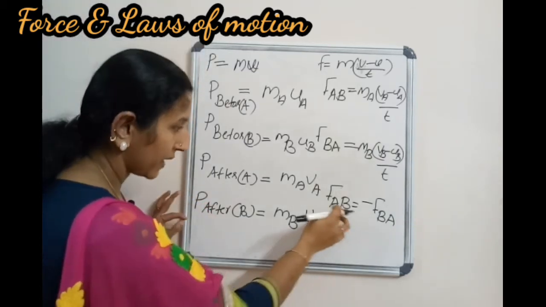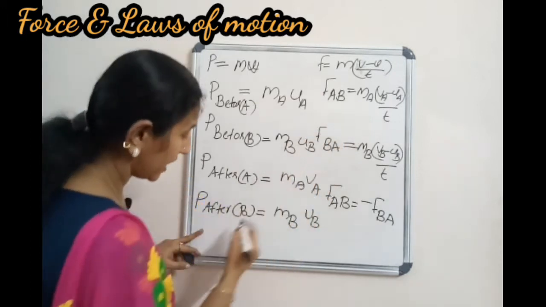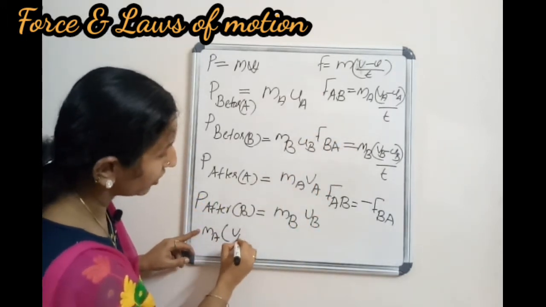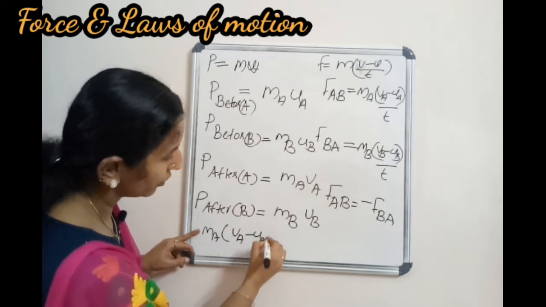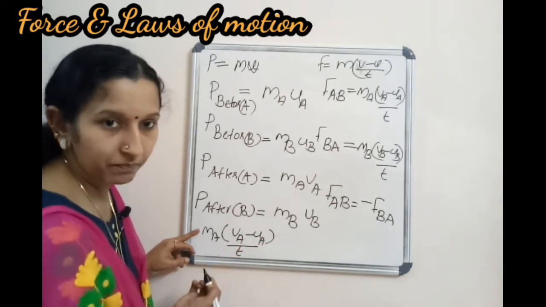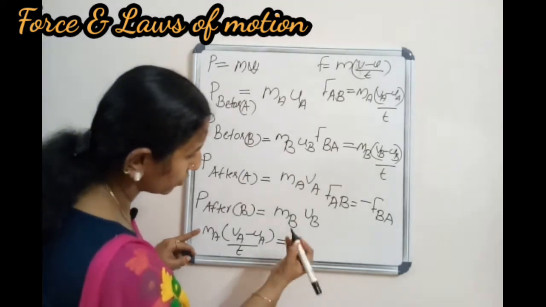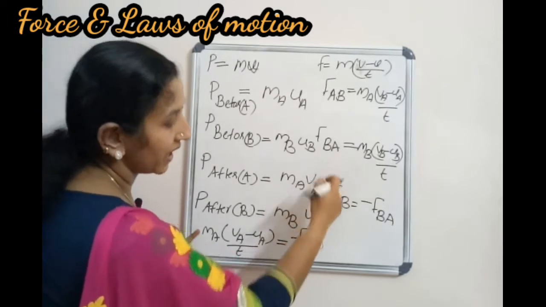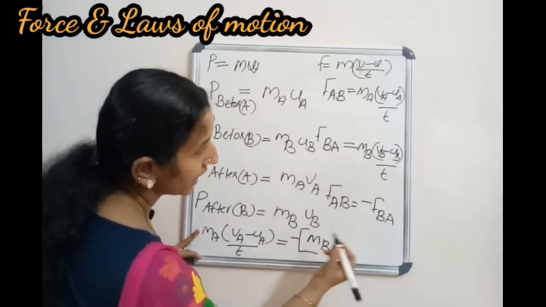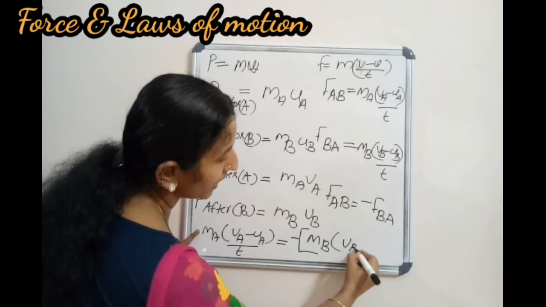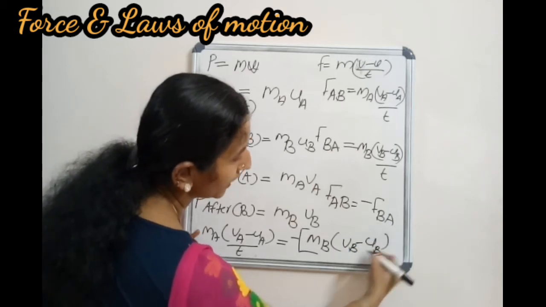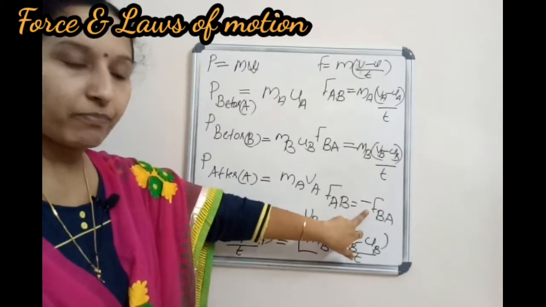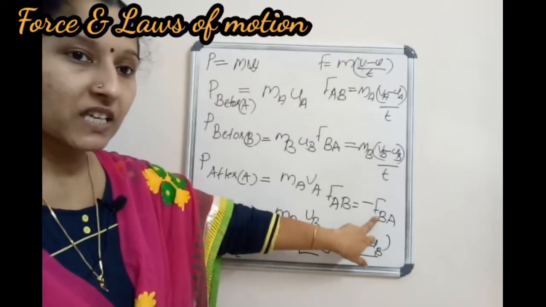Then apply FAB. What is FAB? FAB means MA into VA minus UA by T, equal to minus FBA, which is MB into VB minus UB by T. FAB equals minus FBA.